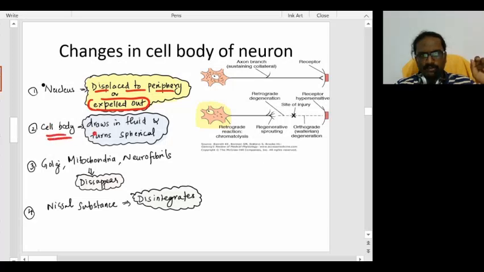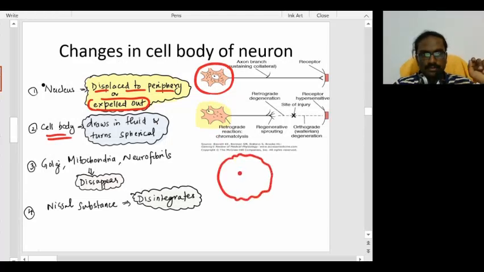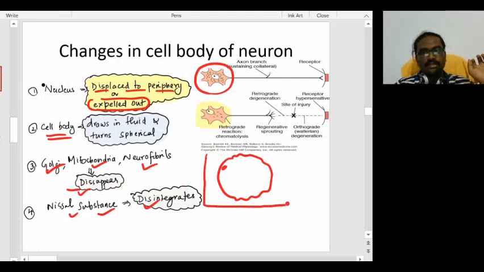What happens to the cell body? The cell body, which was star shaped as you see here, now becomes swollen like this. It becomes swollen, and the nucleus will be like this somehow, and there's nothing else. See, the Golgi body, mitochondria, neurofibrils all disappear. The Nissl granules, all the substances in granules, everything disintegrates. Now if you see the cell body, it is just like this.